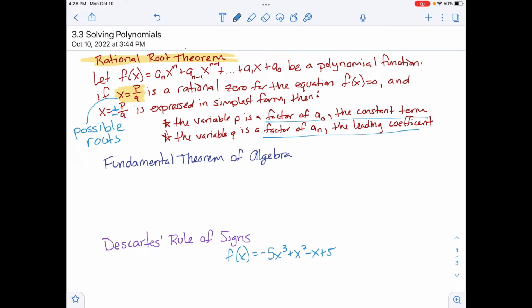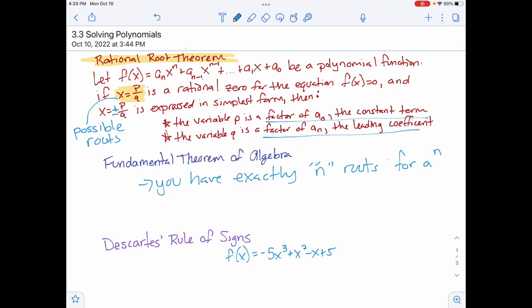Now we also have the fundamental theorem of algebra, which we've already kind of talked about. The fundamental theorem of algebra says you have exactly n roots for a sub n, or a to n.